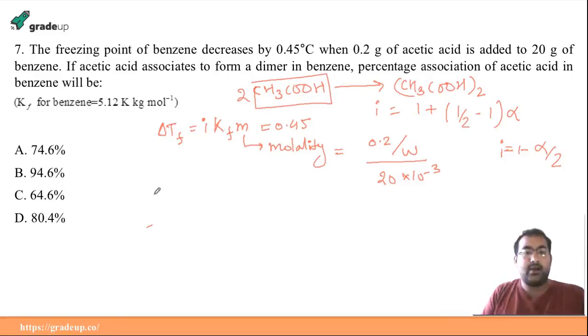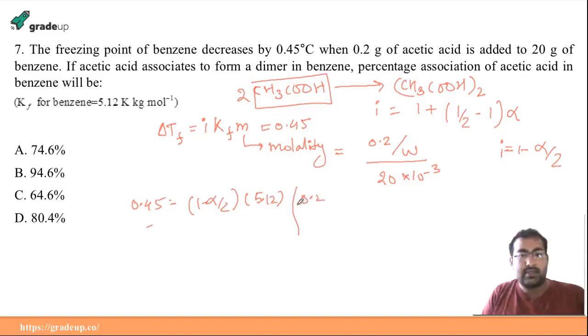Now you put these values here. 0.45 is equal to i, which is 1 minus alpha by 2, times your Kf, which is 5.12, times your molality, which is 0.2 by 60 divided by 20 into 10 to the power minus 3.